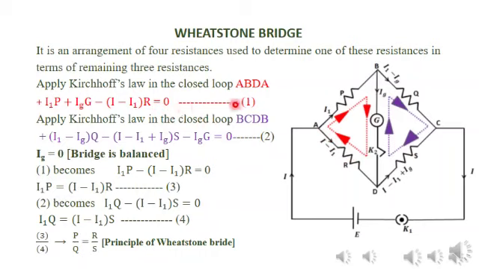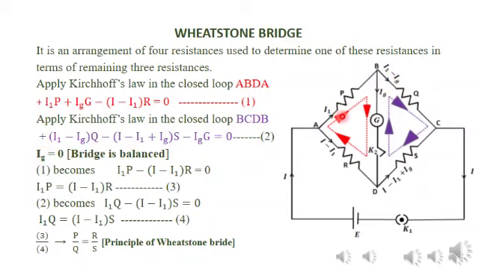Now we consider another loop BCDB in the clockwise direction. So we start from B till we reach the first resistance Q. Here, since our direction and the direction of current are both the same, the current-resistance product is positive.